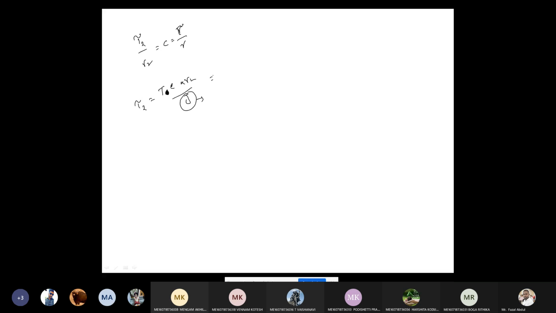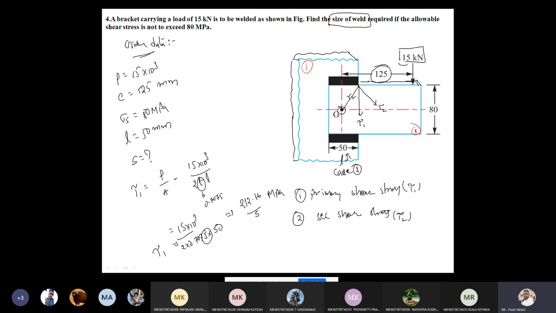So I'm writing here the T value: force into perpendicular distance, that is 15 into 10 to the power of 3 into eccentricity 120, into R2. R2, how much here? Refer to the figure. R2 we don't know. So to get the R2 value, complete this rectangle. From here to here it is 40, because the total width of the plate is 80, so half of it is 40.